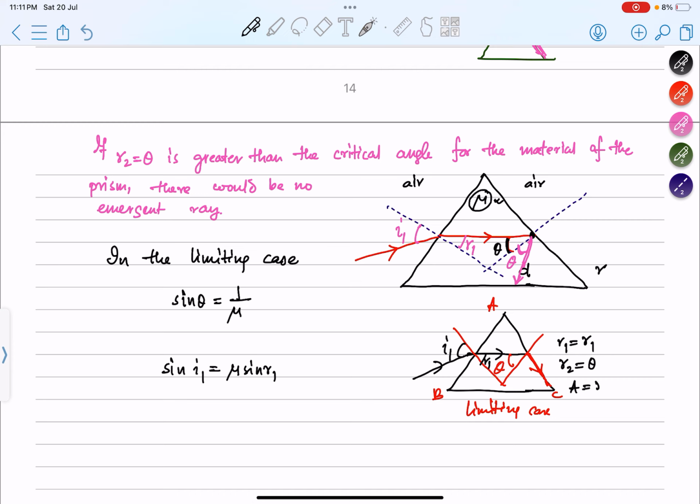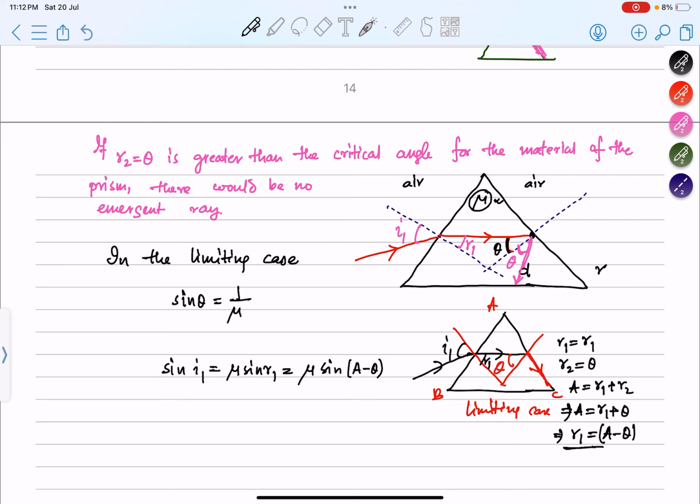So A is equal to R1 plus R2, so A is equal to R1 plus theta. Clear? So R1 can be written as A minus theta. I am replacing this value of R1 here, so that can be written as mu sine (A minus theta).